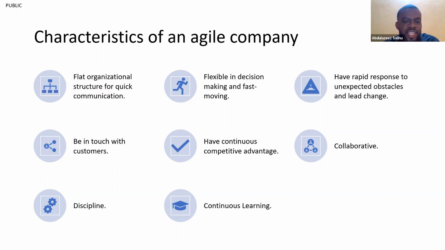An Agile company is constantly in touch with customers. You know what customers want. An Agile company has what? Continuous competitive advantage. Agile companies have to be disciplined.